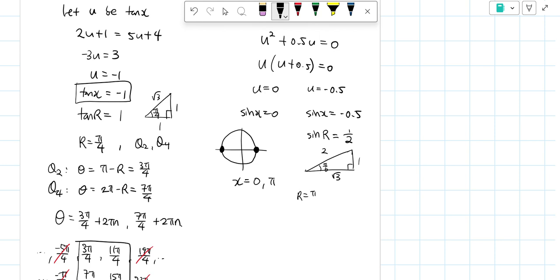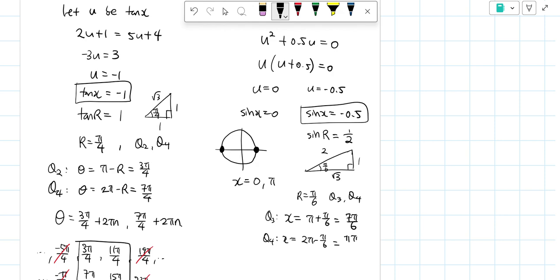R is pi over 6, but my sine of x was negative, so that means we need to go in quadrant 3 and quadrant 4. In quadrant 3, x is equal to pi plus pi over 6, which is 7 pi over 6. In quadrant 4, x is 2 pi minus pi over 6, which is 11 pi over 6.